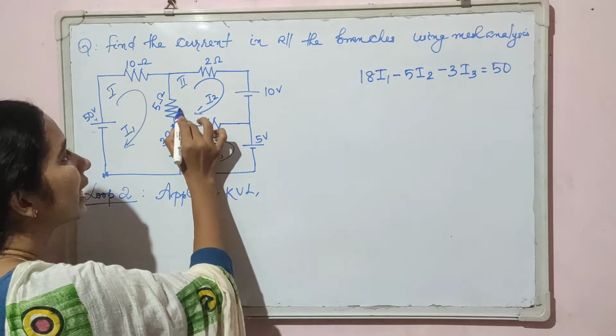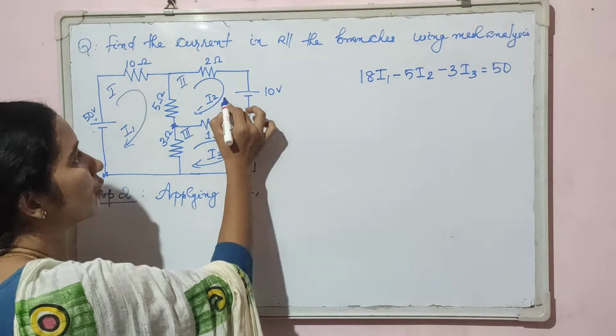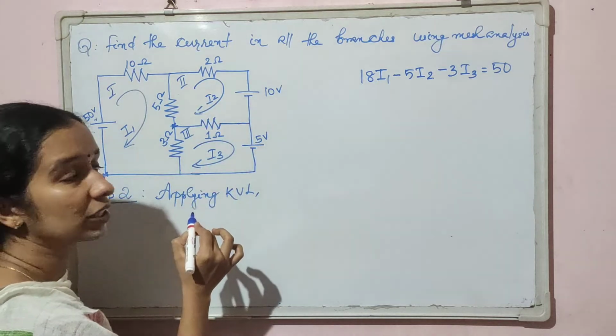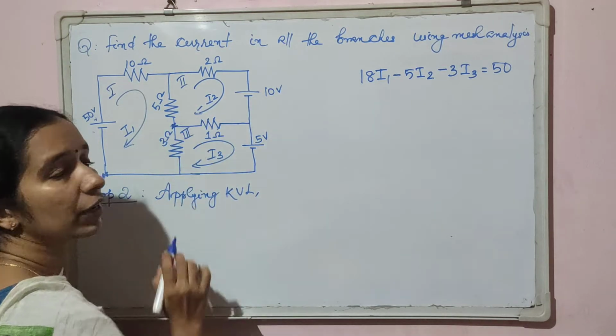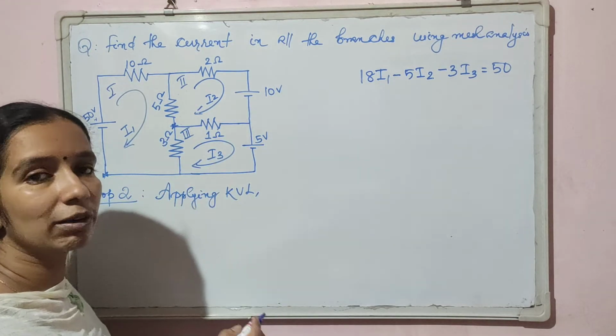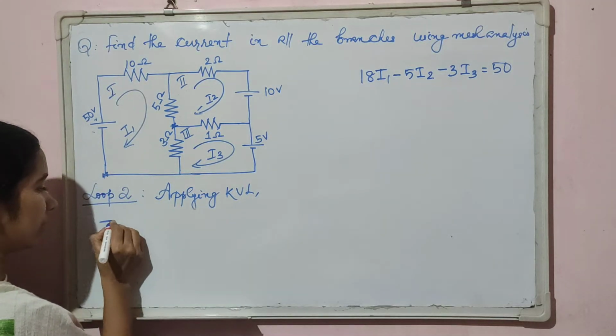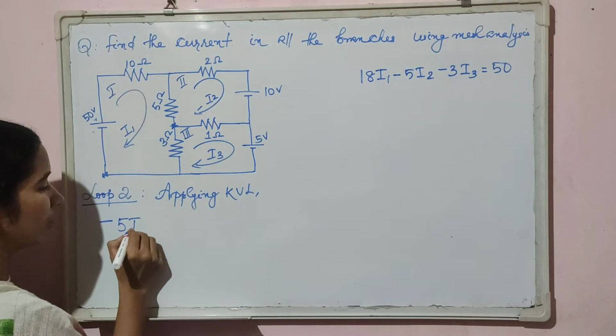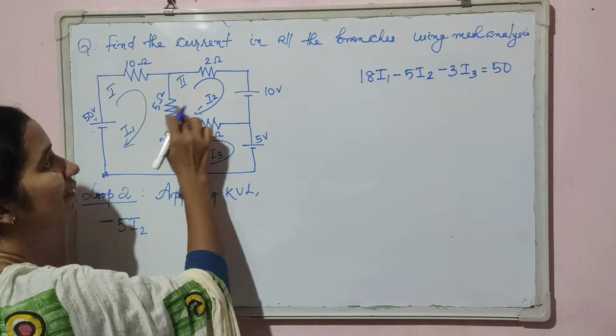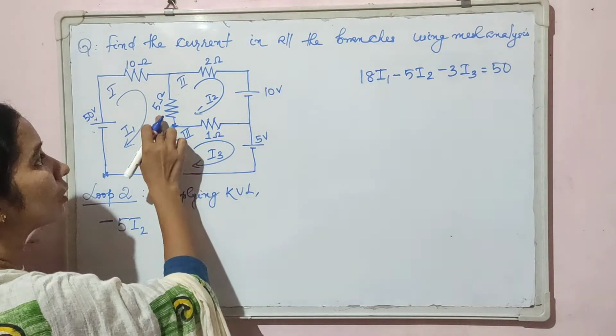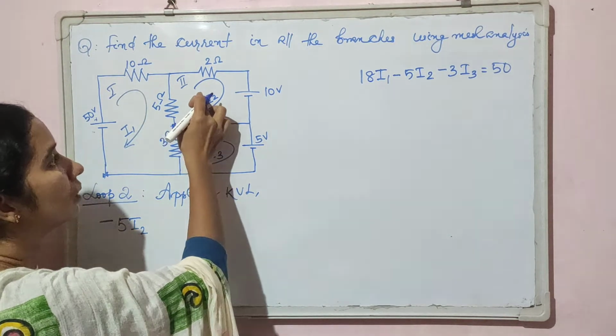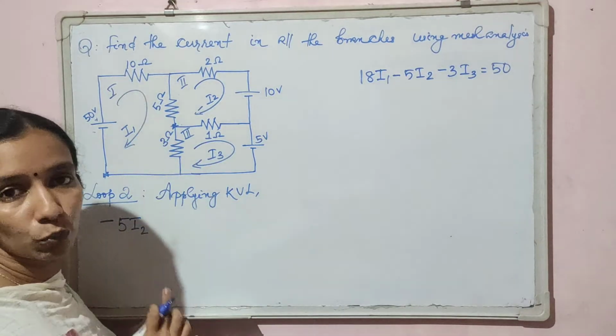Current I2 is also flowing in the same direction, so the voltage drop on the 5 ohm resistor due to I2 will be negative. That is minus 5 into I2. Now this 5 ohm resistor is common to loop 2 as well as loop 1.